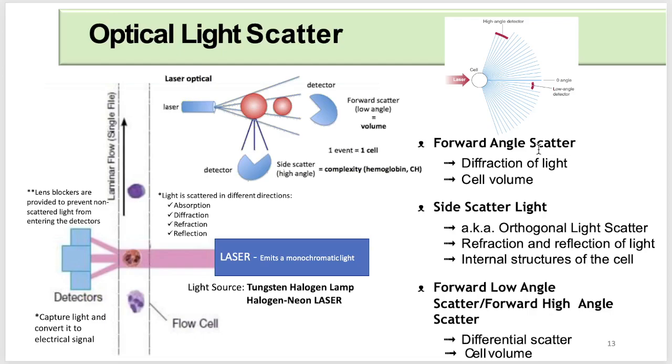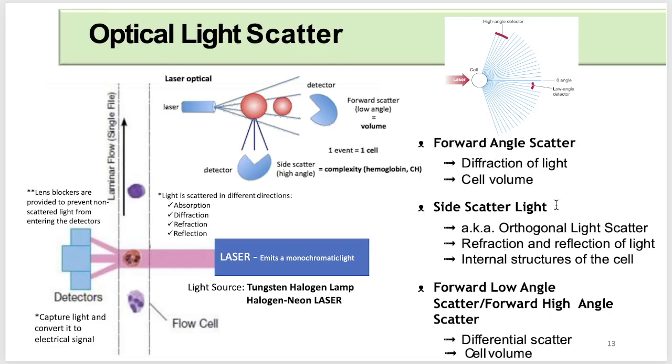Again, ulit-ulitin natin. Forward angle light scatter, 0 degrees, correlates with your cell volume, primarily because of the diffraction of light. So, ang importante tatandaan, pag we are talking about forward angle scatter, we are talking about the cell volume. What else?